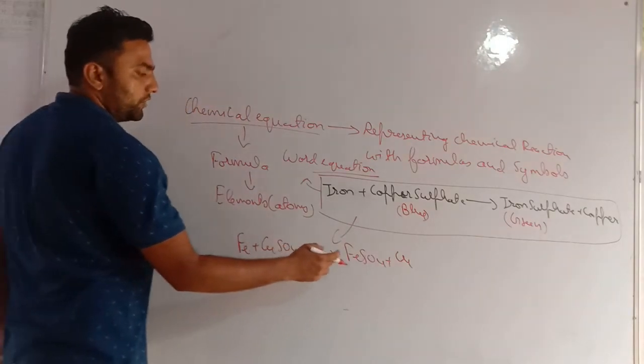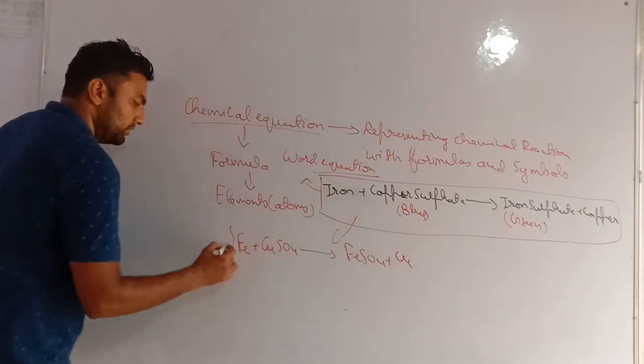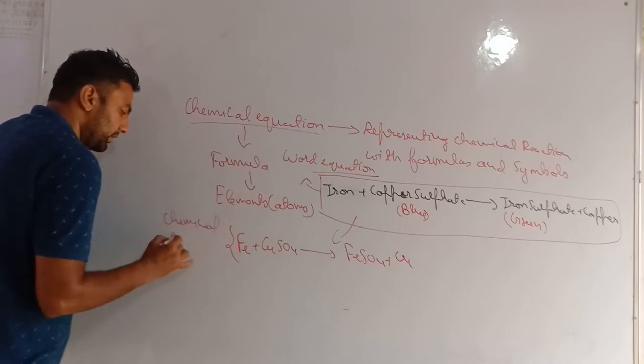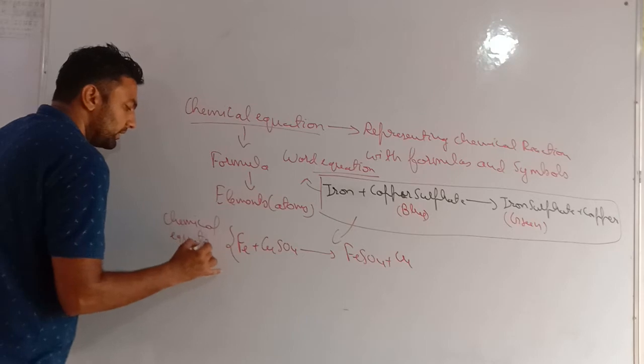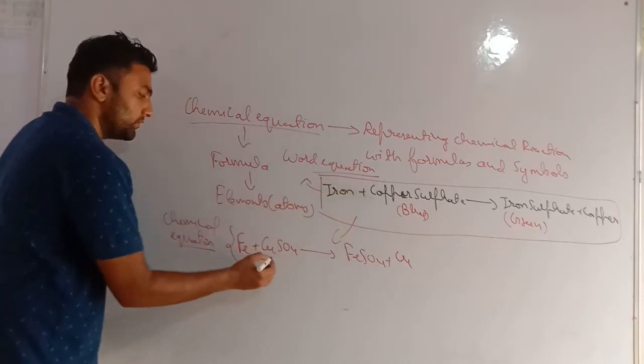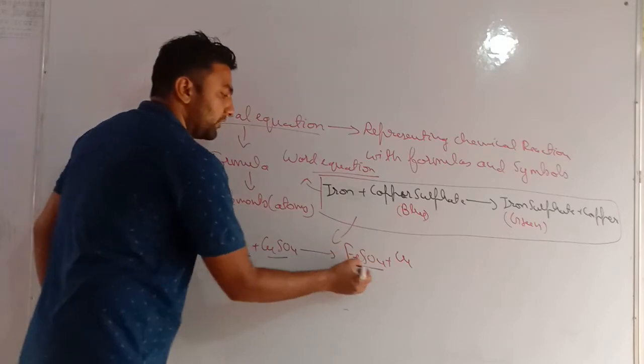Fe plus CuSO4 gives me FeSO4 plus Cu. This is a chemical equation, a very important chemical equation. I have represented all these reactants and products with their formulas.